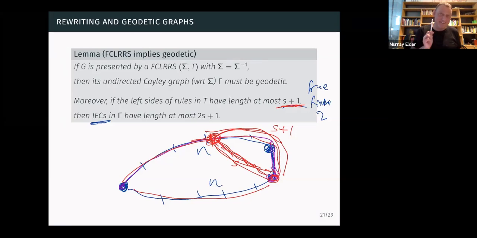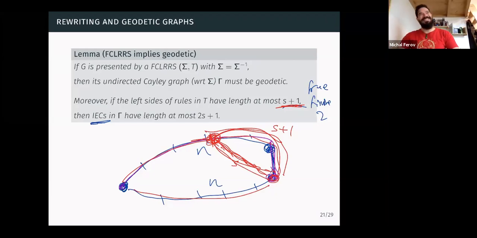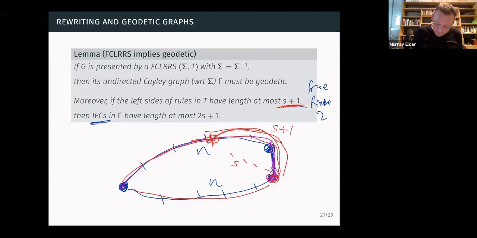I'm very happy you made that mistake, Mikkel, because I'm going to exploit it all the way to the end of the talk. So sorry if that's a bit of a rough and ready geometric group theory proof.